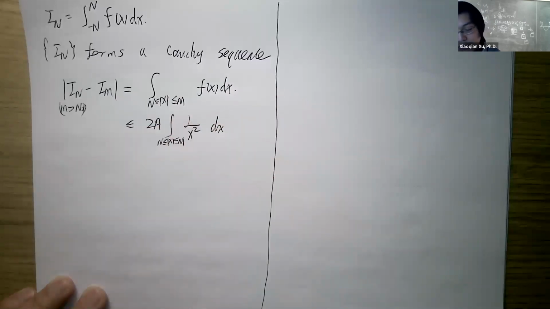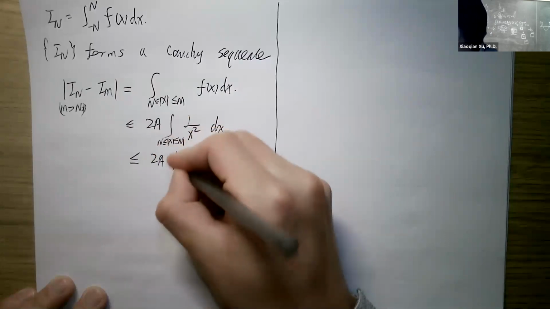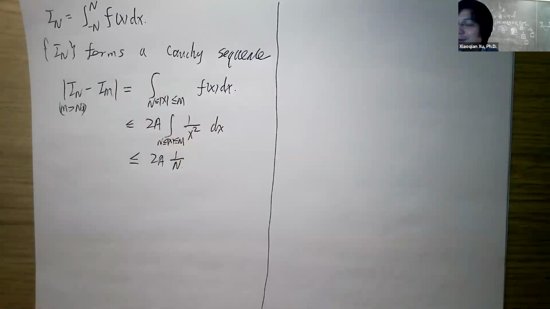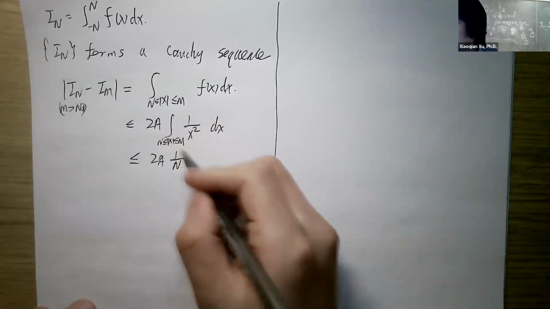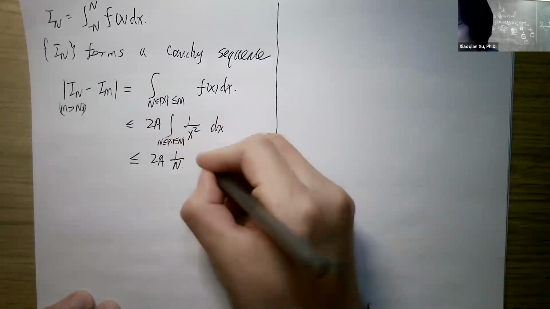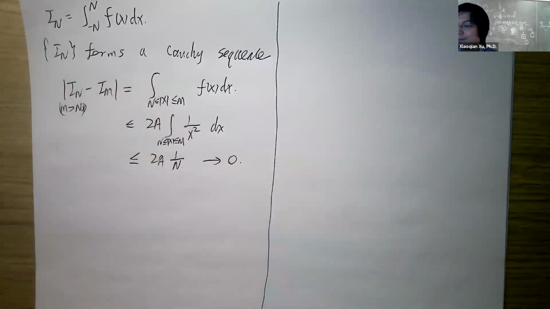Okay, so this would be bounded by 2A times (1 over n minus 1 over m). Okay, but minus 1 over m is something positive, so it's less or equal than 1 over n. Right, that's for sure. Then it turns to 0 if you take n to be big enough.